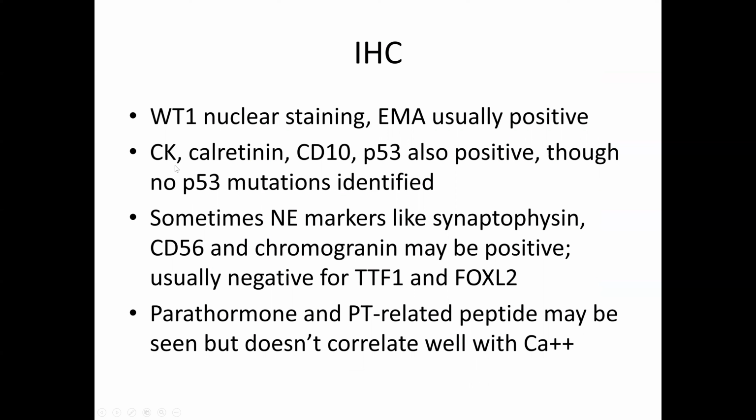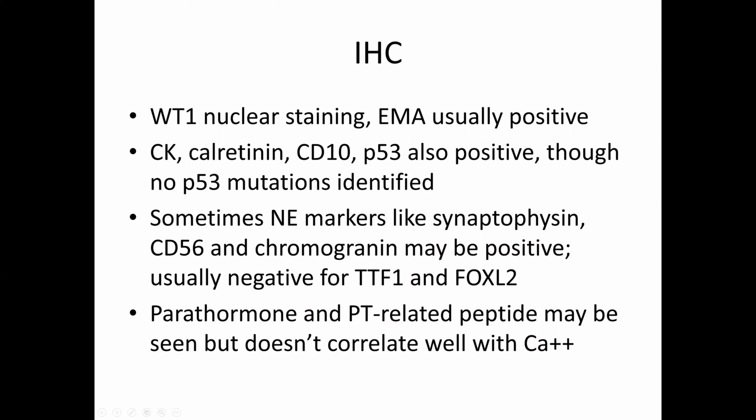But other stromal markers like calretinin and so forth, cytokeratin, calretinin, CD10, P53 also can be positive, although this is not associated with the P53 mutation. Occasionally you'll have synaptophysin positivity or other neuroendocrine markers, but it will usually be negative for these more specific markers for neuroendocrine tumors.